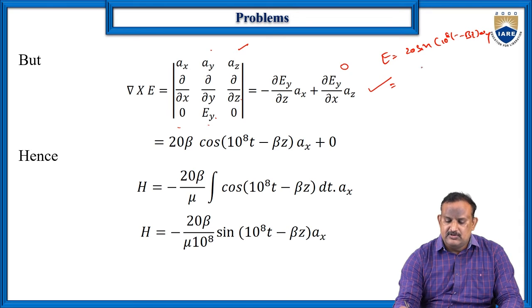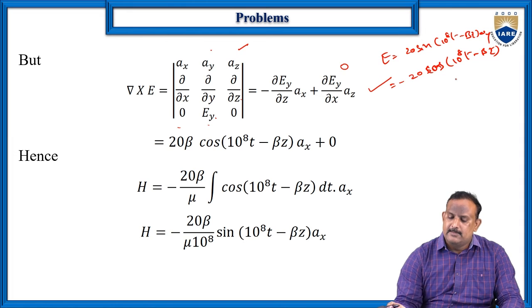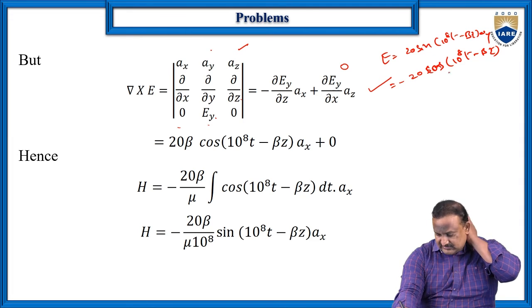If we differentiate the equation with respect to z, it is minus 20, and the differentiation of sine is cos.